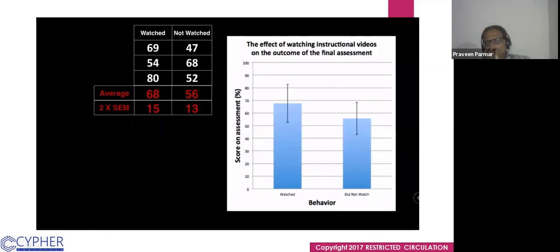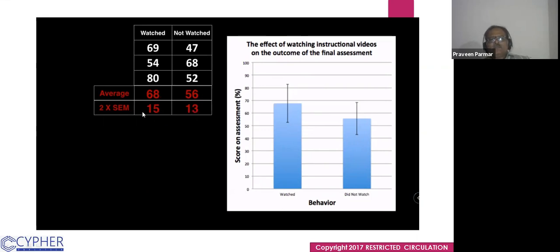So here I have given you some examples of that. I am taking two standard errors of mean, 15 and 13 here, and the averages you see are this much.